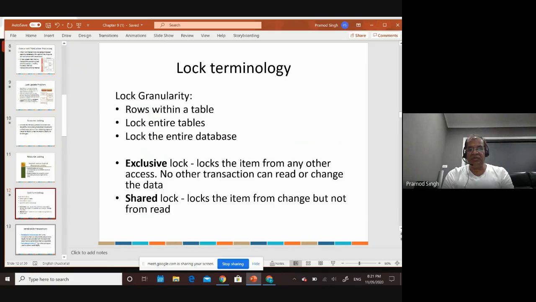But if you just want to read and do the modification in your process, but you don't want to actually update the database, then it becomes a shared lock. So multiple processes can read that, but none of the intermediate updates is going to happen in the database, and that becomes a shared lock. In that way, row locking also gets more efficient, and an exclusive lock is applied only when it is required.